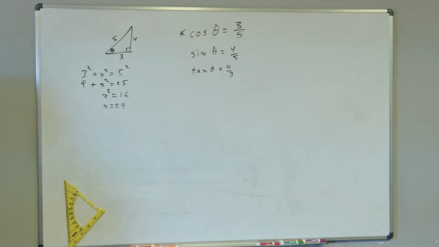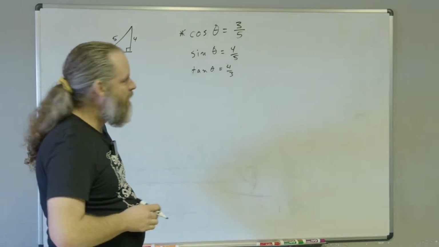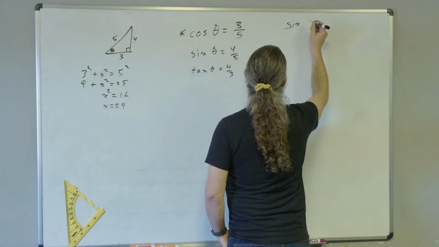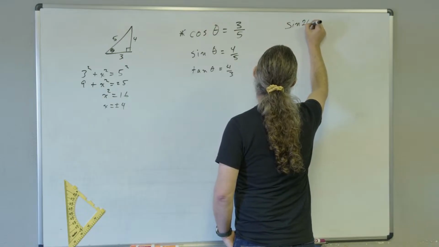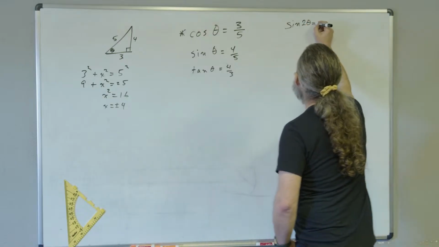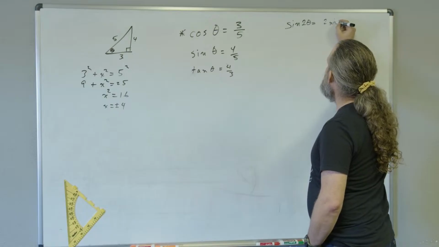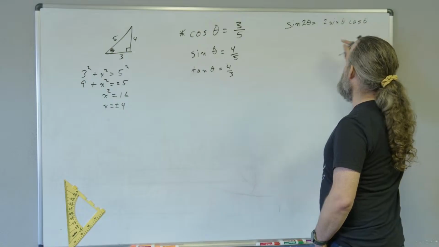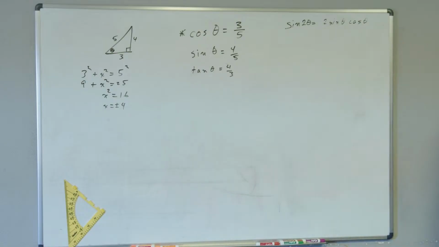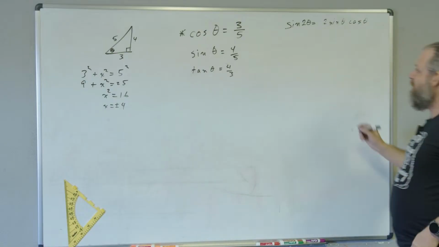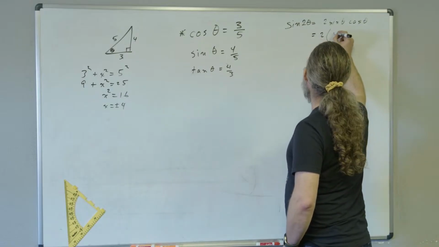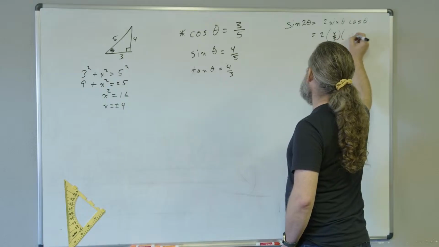Now what? What's the identity for the sine of 2 theta? It's 2 sine theta cosine theta. Do we know sine theta and cosine theta? Yes, we do. 2 times 4/5 times 3/5.